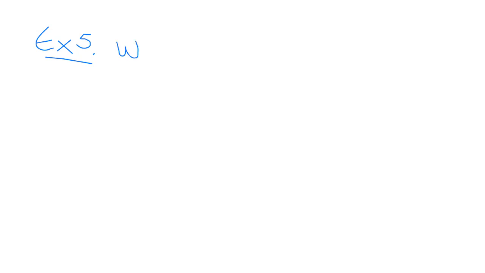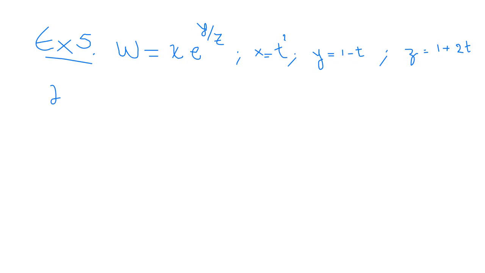We have W, which equals X times e to the power Y over Z, with X equals T squared, Y equals 1 minus T, and Z equals 1 plus T. What is asked here is to find the derivative of W with respect to T, of course.